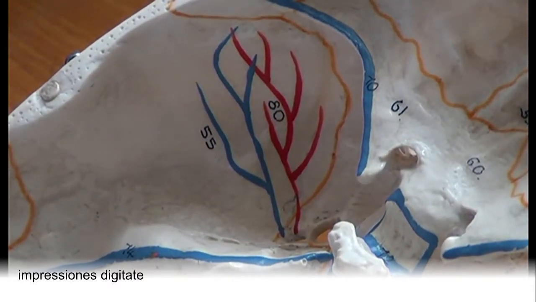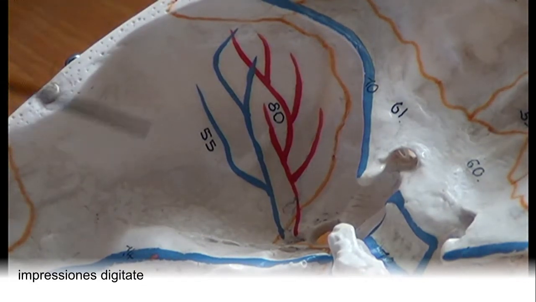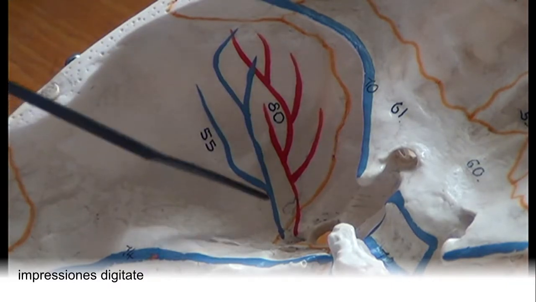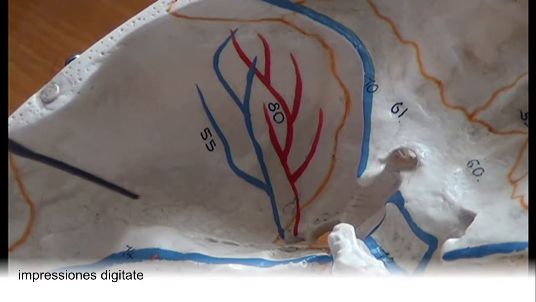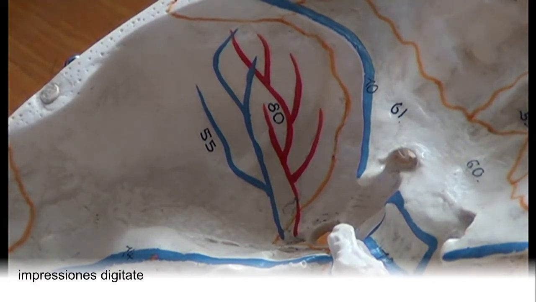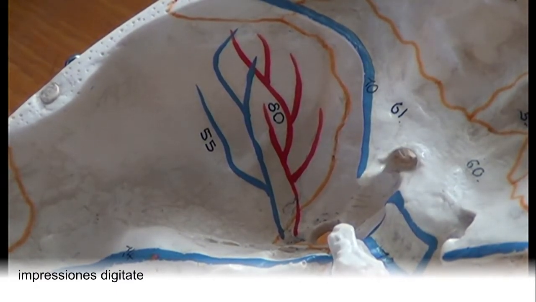So these are sulci arteriosi. Several arterial vessels also have footprints on the internal surface of the temporal bone.